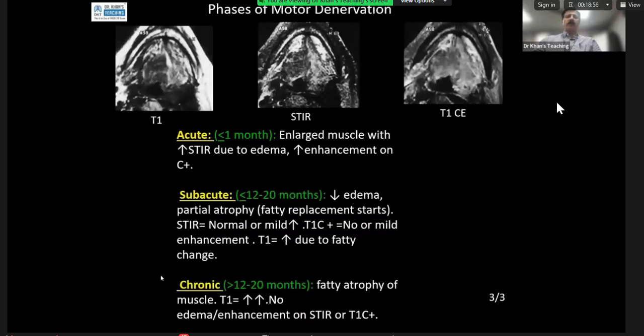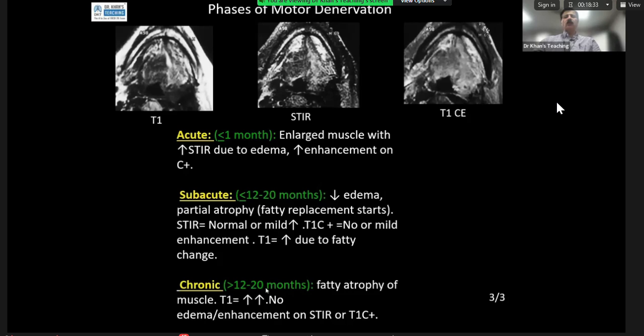Now, this is the concept. You can divide the effects of denervation into acute, subacute, and chronic stages. The definition of acute is less than 1 month. Subacute is 12 months to 20, should I say less than 12 to 20 months.